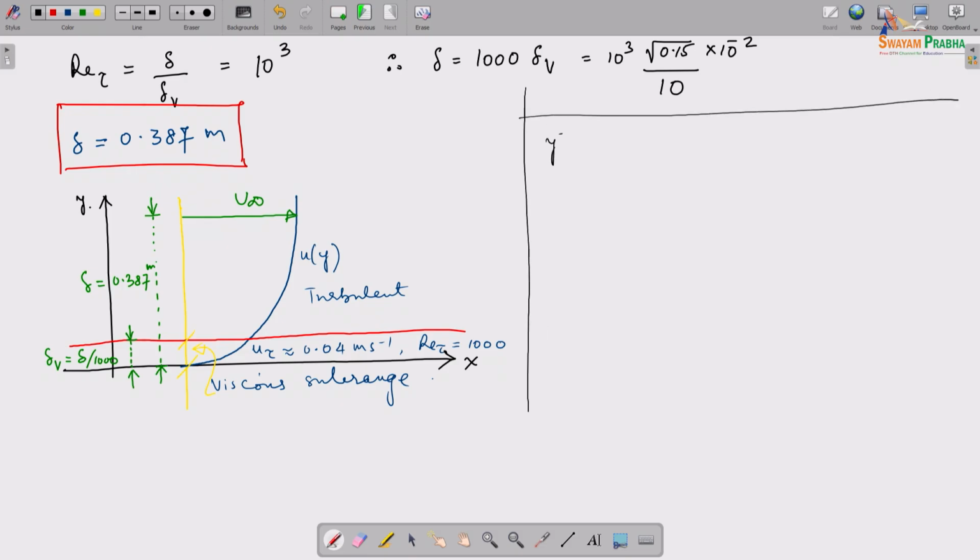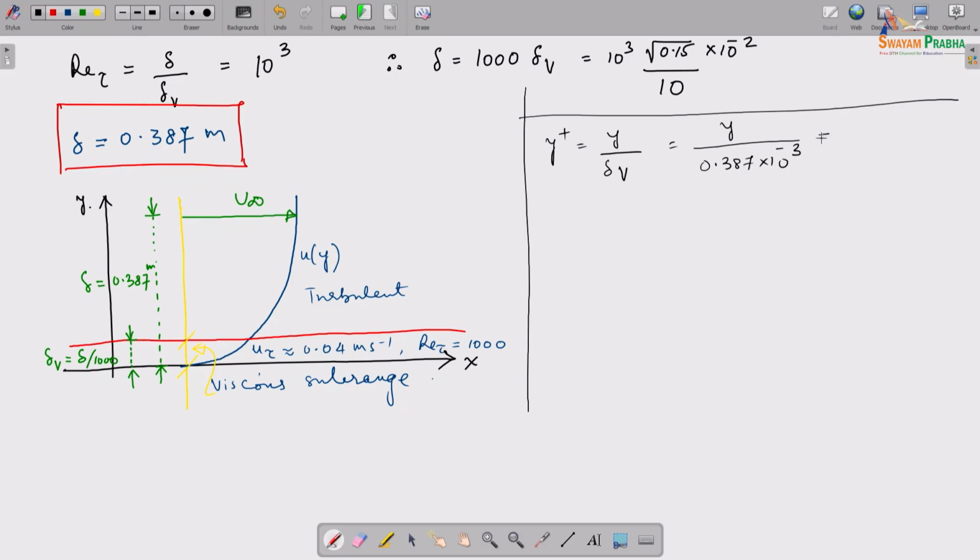Now y plus is equal to y by delta v. In this case that is equal to y, and delta v is essentially correct, right.